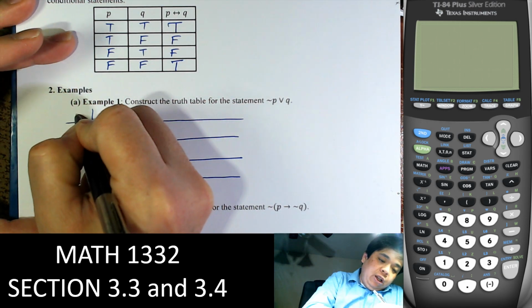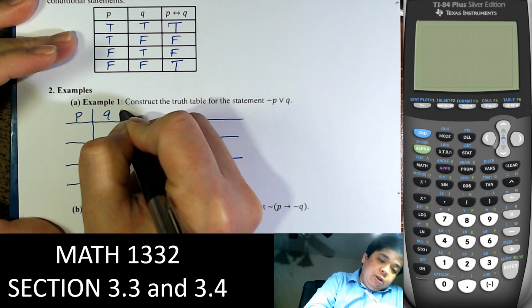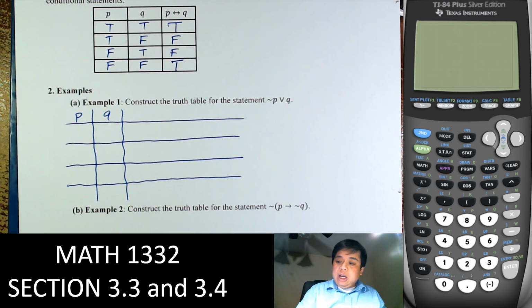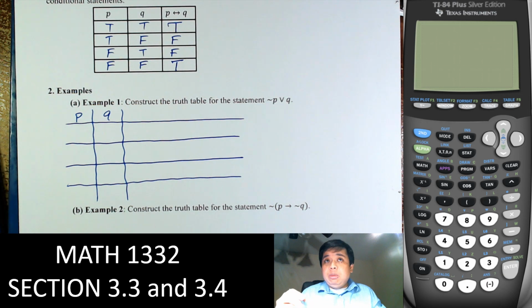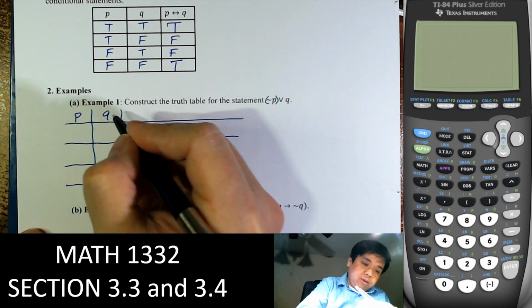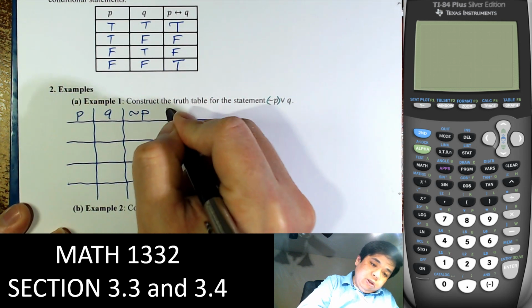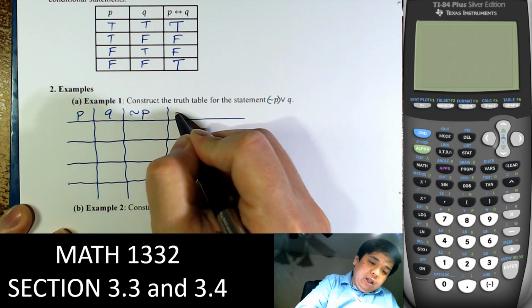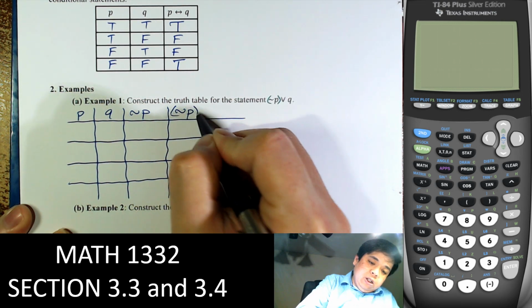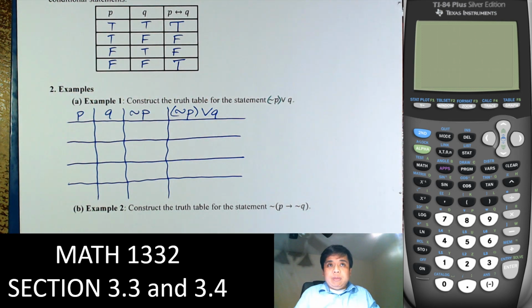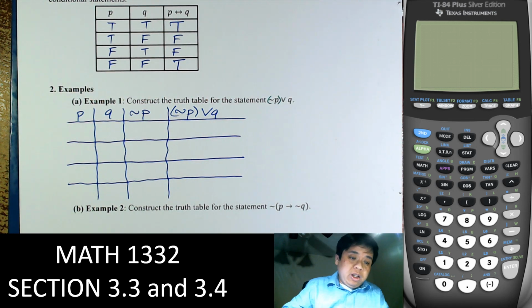We have P, Q. When we see something like this, it's always negation before everything else. So I'm going to put this first, and then not P or Q.